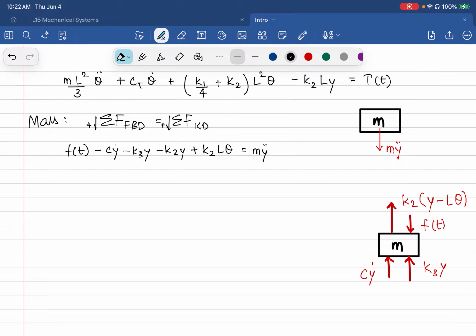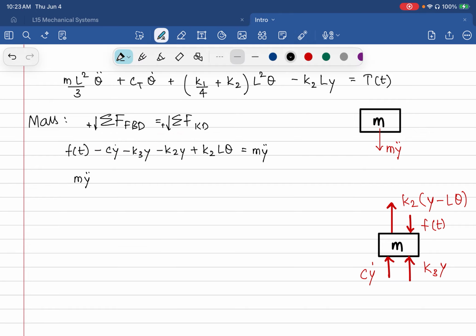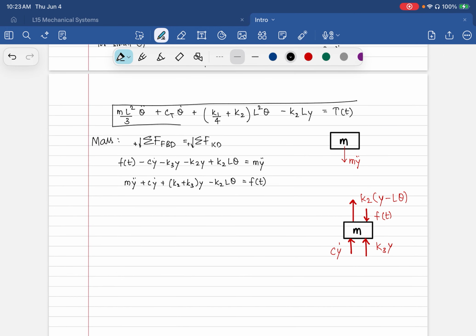And if I now rearrange it, I have m y double dot plus c y dot plus (k2 plus k3) y minus k2 L theta is equal to f of t. These are my two equations of motion.